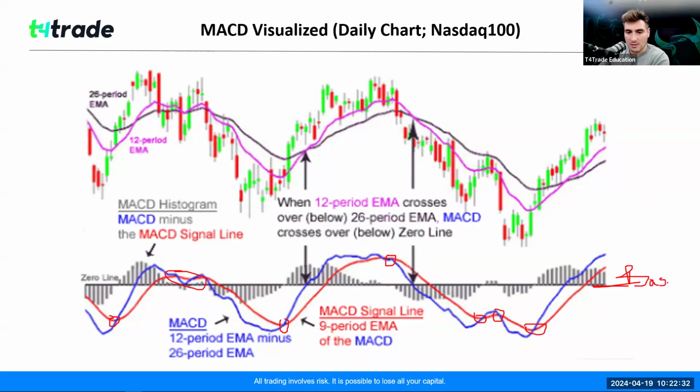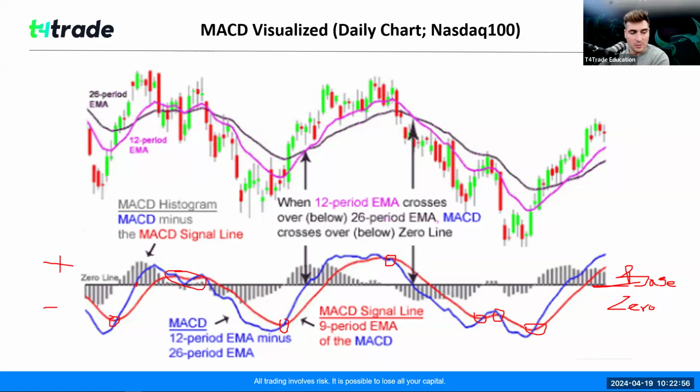Yep, my handwriting is not going to get better anytime soon, so please bear with me. The baseline is what we also call the zero line. So we do care about crossovers, but we also care about where the blue line is, either above, which signals positive momentum, or below, which is negative momentum, okay?